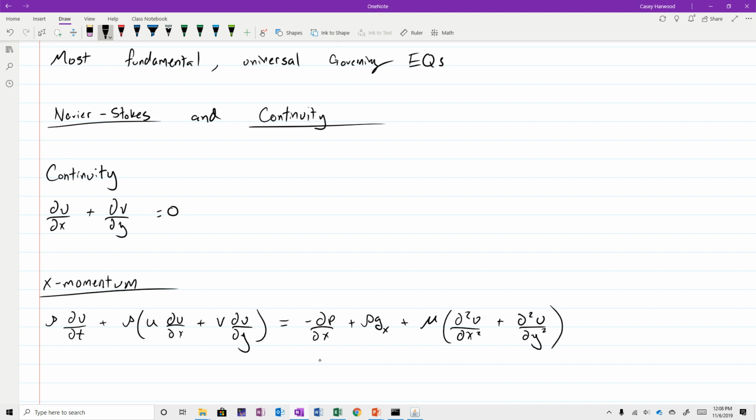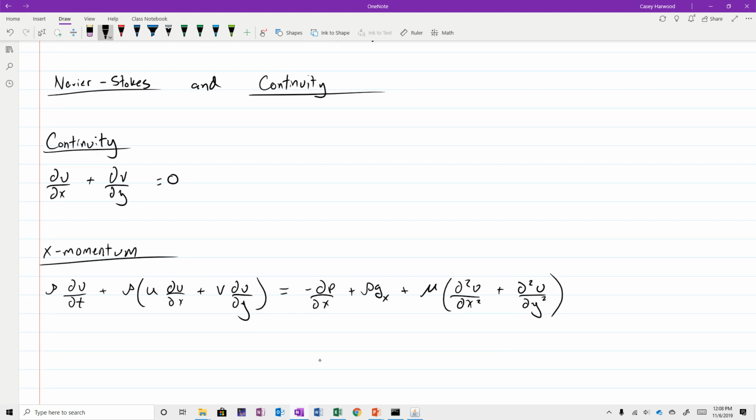Okay, and we're not going to bother with the y momentum here, because my goal in writing this out is we want to take a view of what the different terms in here represent quickly.